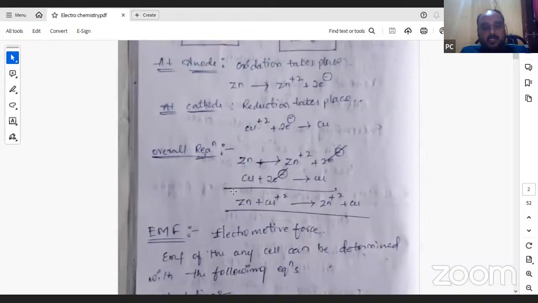In the Daniell cell, at the anode, oxidation takes place: zinc gives rise to Zn2+ plus 2 electrons. At the cathode, reduction takes place: 2 electrons are gained, and copper 2+ is converted to copper.